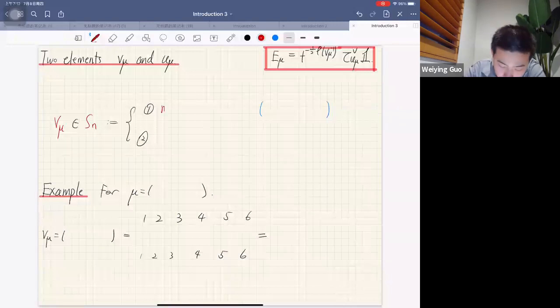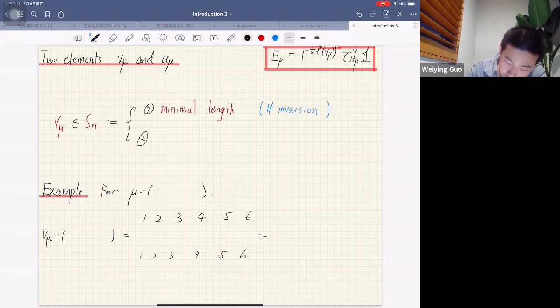Firstly, it needs to be of minimal length, where the length in our case is the number of inversions. And secondly, we require that v mu acting on mu is weakly increasing.